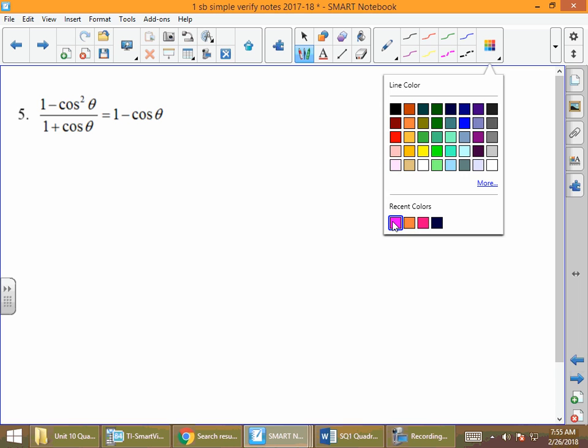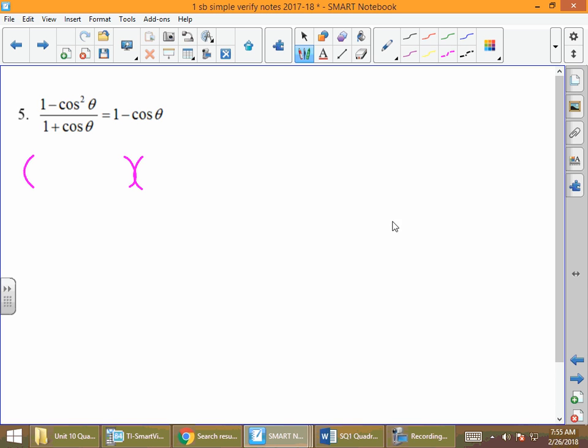So when we factor this, it's going to be 1 times 1. Cosine squared is cosine theta times cosine of theta, and it's the difference between two squares, different signs.